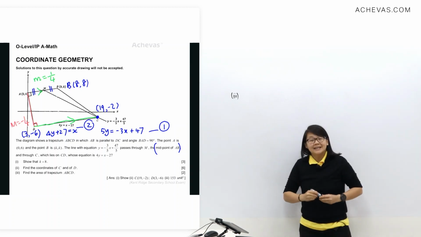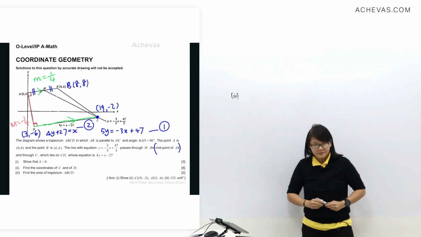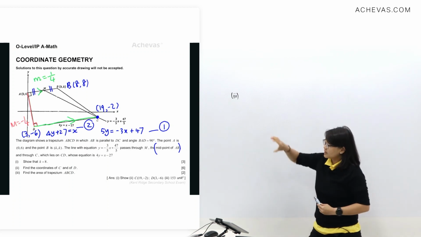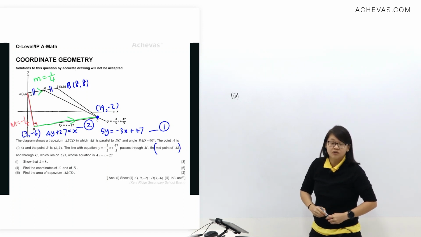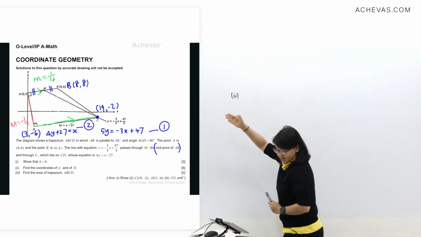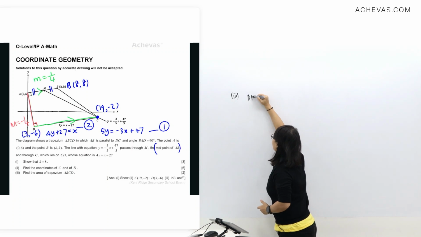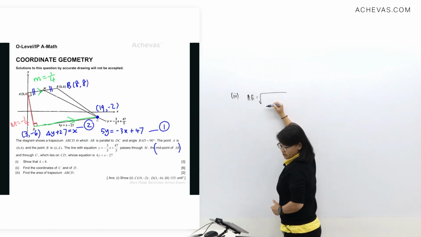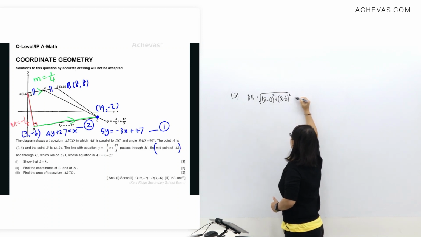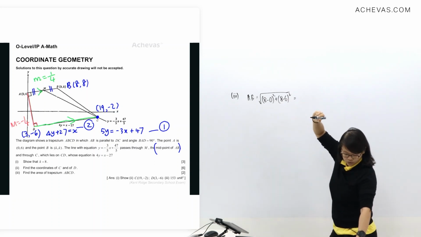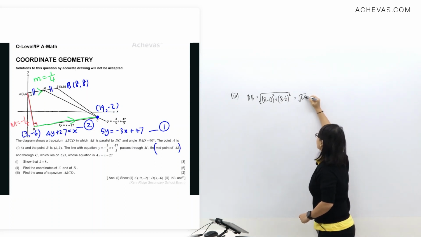Now let's take a look at an alternative method to find the area of trapezium. So I'm going to need the parallel sides, the length of it, and also the height of the trapezium. Let's do a distance formula. I'm going to get AB first. Length of AB is going to be 8 minus 0 squared plus 8 minus 6 squared. Let's click our calculator. So this one here, I'll have square root of 68.